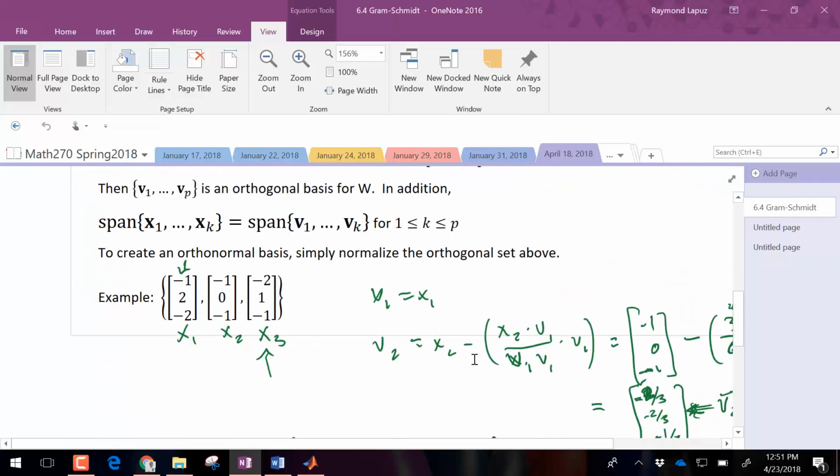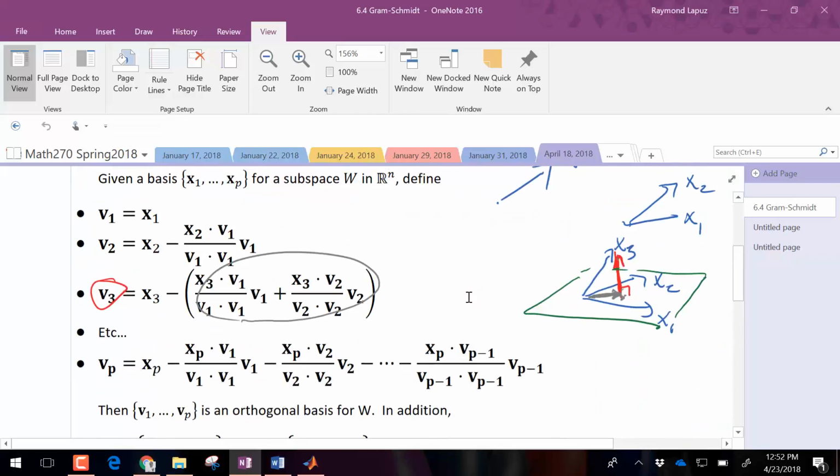The last step is to normalize the set. So our orthonormal set of bases will start with the first vector, and then from the first vector, we create another vector that's going to be orthogonal to the first vector by doing the orthogonal projection.